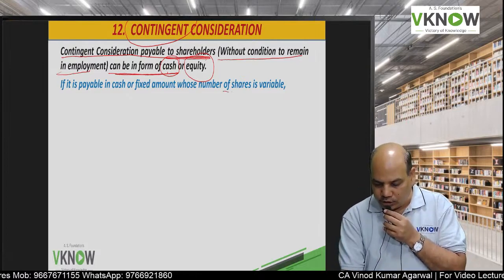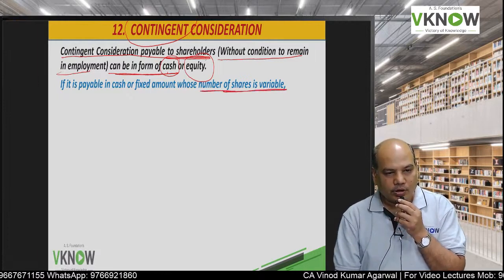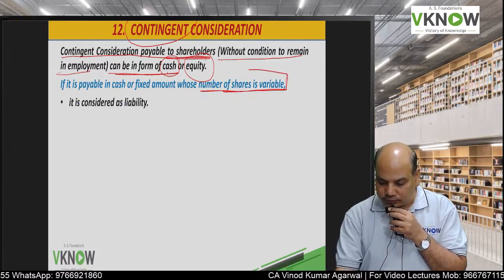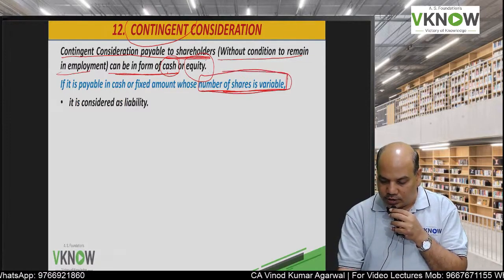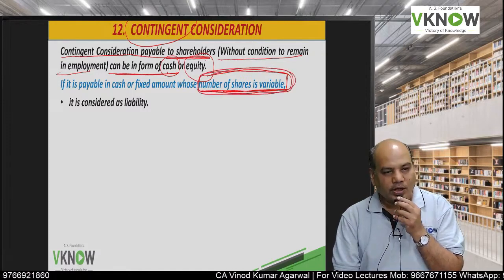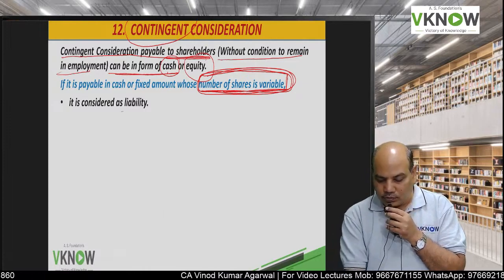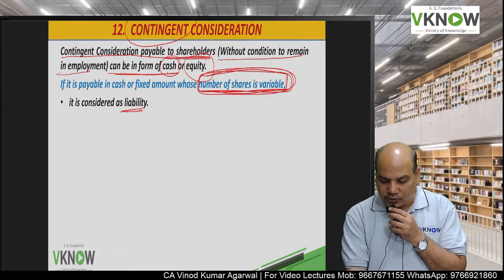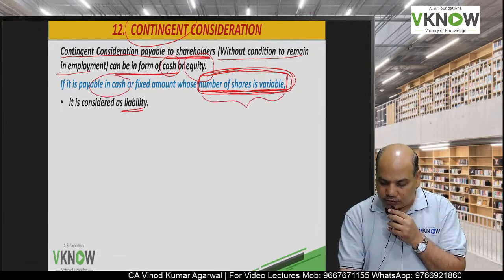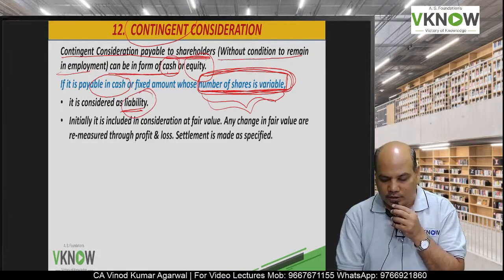Now the question is, what about number of share? Number of share can be fixed or number of share can be variable. So if number of share is variable, you have studied in the standard on financial instrument, Ind AS 32, that it is a liability. So therefore, if the contingent consideration is payable in cash or payable in number of share which is variable, it will be treated as a liability.